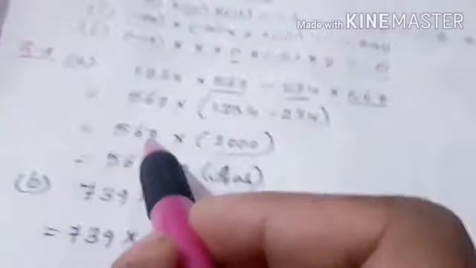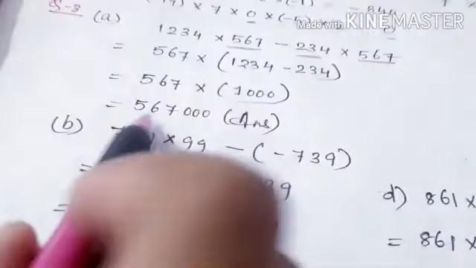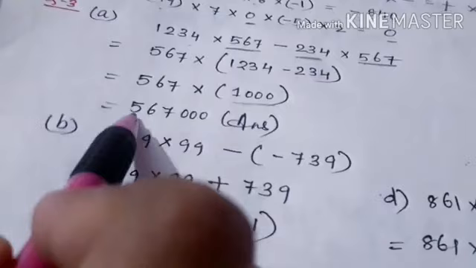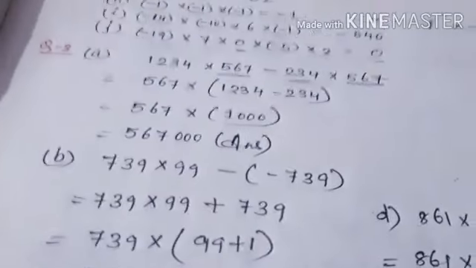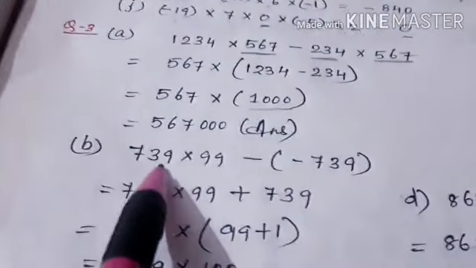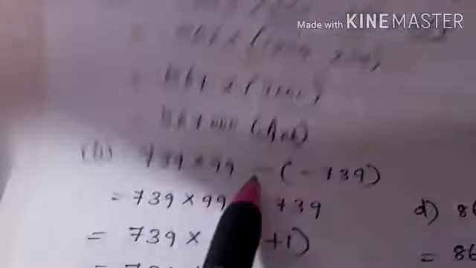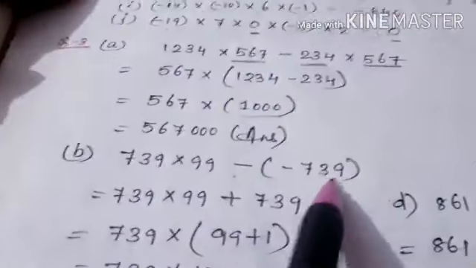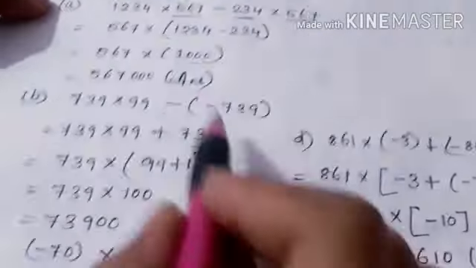Then 567 into 1000 is equal to 5,67,000. Now B, 739 into 99 minus of minus 739, that is 739 into 99 plus 739.